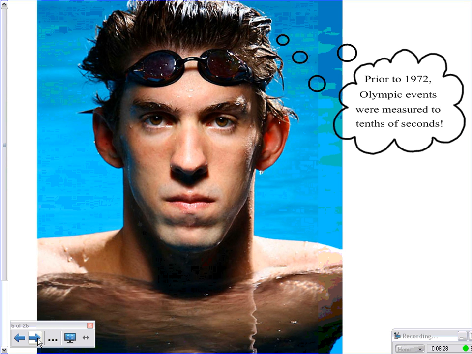Prior to 1972, if he had swum in that Olympics, where the equipment only measured precision to the tenths of seconds, he and the guy who came in second place would have tied. However, Michael Phelps did win because the precision of the equipment allowed it to be measured to the hundredths of a second, so he won by about 1/100th of a second.